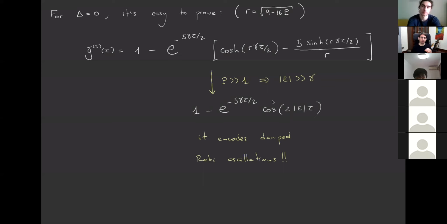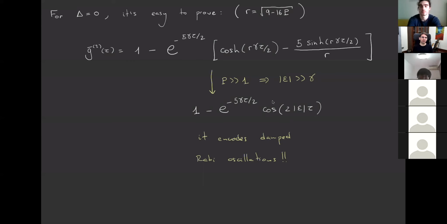Now the question is, if the spontaneous emission is too fast, then we have seen that the steady state starts oscillating, but it eventually goes down to 50% of inversion, to a steady state. So you don't see oscillations in the state anymore, okay?